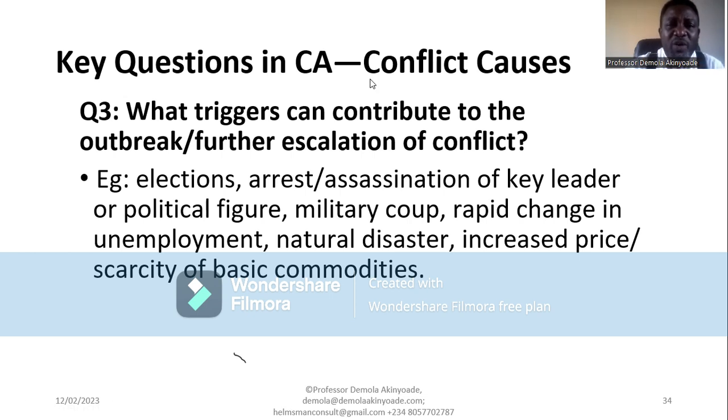We have video clips of people who voted for a party and they were beaten. We have video clips of people who are prevented from going to exercise their right to vote, and so on and so forth.